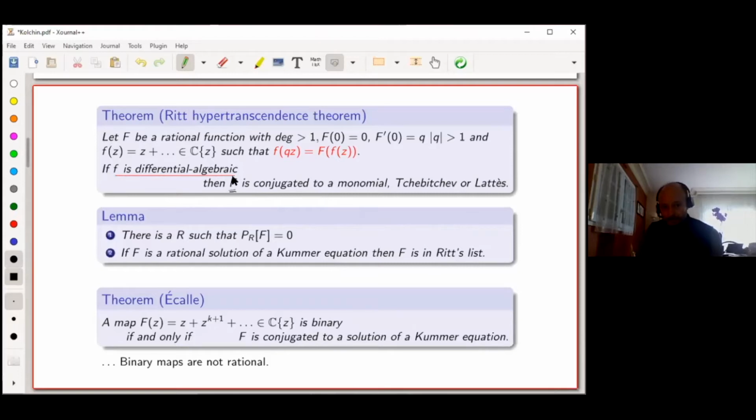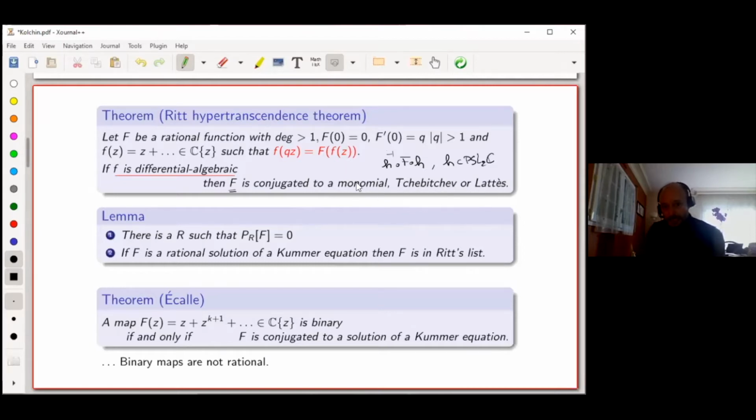F as a rational function is conjugated to a monomial, a Chebyshev polynomial, or a lattice rational map. Here, by conjugated, I mean that if you replace f by h f h minus 1, with h a fractional linear map, something in PSL2 of C, then up to this transformation, you will have one of these, something in one of the three families.